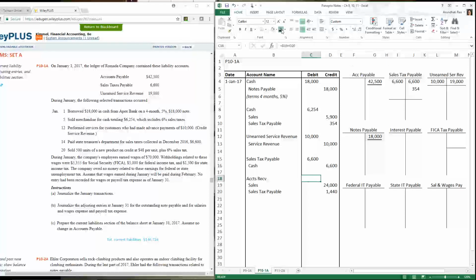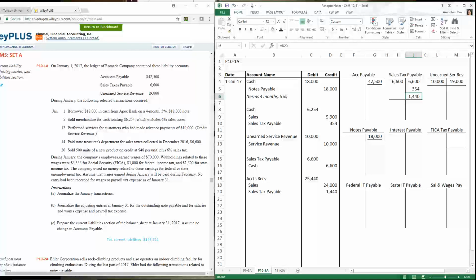So the total amount that is owed to me by this customer is 25,440. So I'm going to credit my sales tax payable 1440. Again, from each journal entry, the only numbers I'm posting are the liabilities. I've taken care of my 5 transactions. Remember, a transaction deals with an outside party. Now let's look at what I have here.